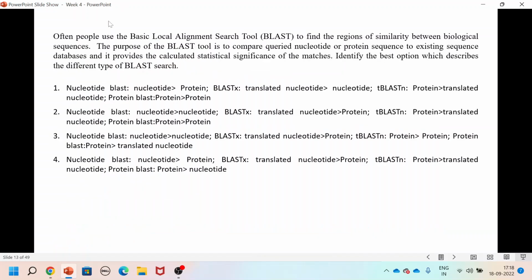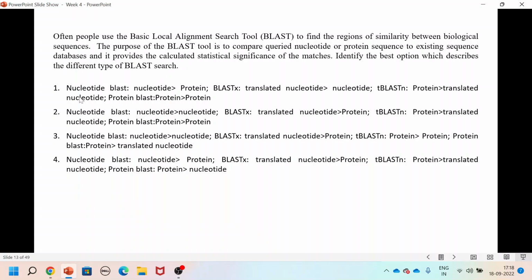So, the next question is, often people use the Basic Local Alignment Search Tool BLAST to find the regions of similarity between biological sequences. The purpose of the BLAST tool is to compare a queried nucleotide or protein sequence to the existing sequence database, and it provides the calculated statistical significance of the matches. Identify the best option which describes the different types of BLAST search.